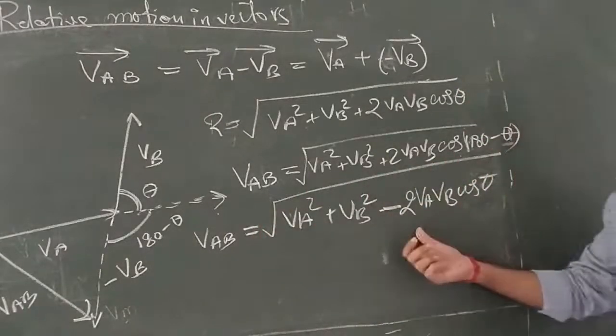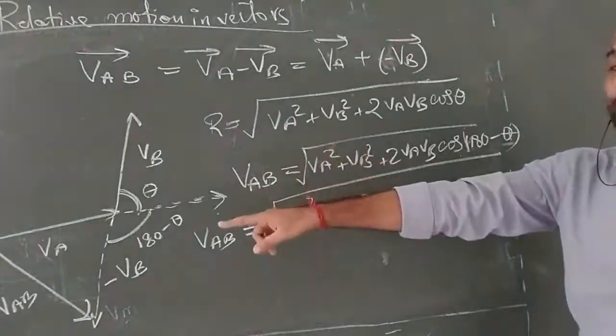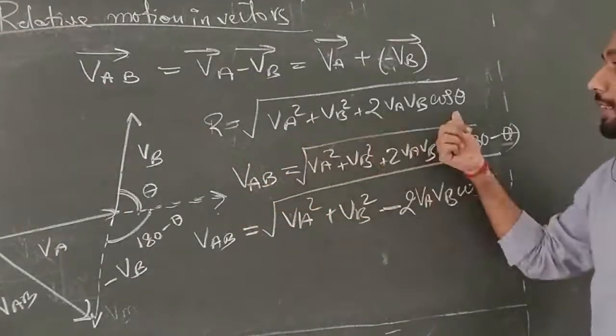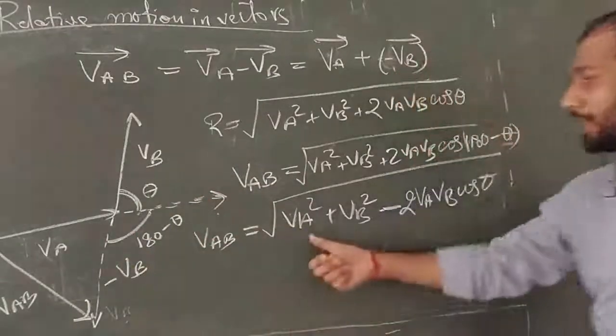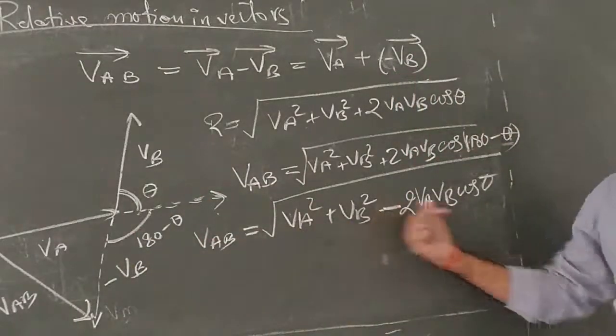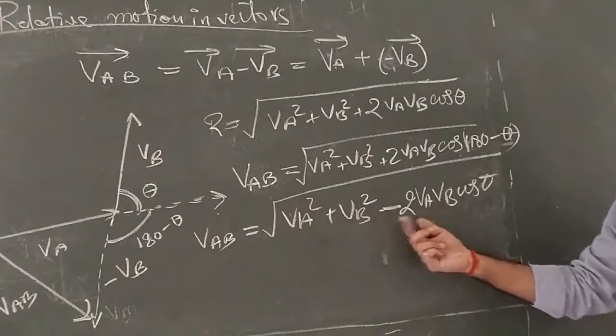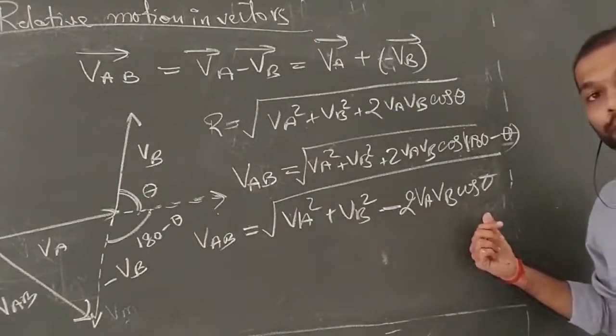Now you can see the difference: earlier, when there was only VA plus VB, the resultant was this, but when we write it in the form of relative velocity, the resultant becomes VA square plus VB square minus 2 VA VB cos theta.